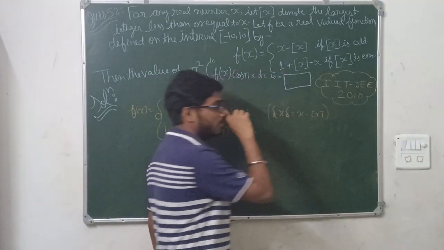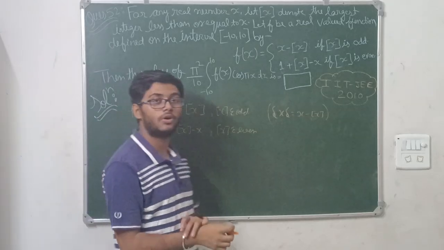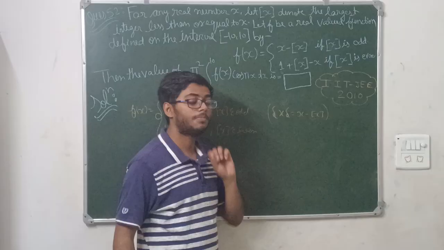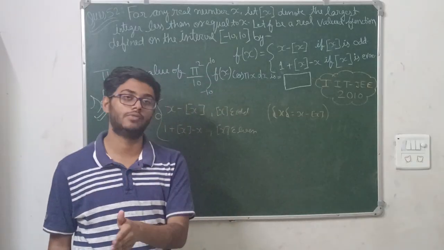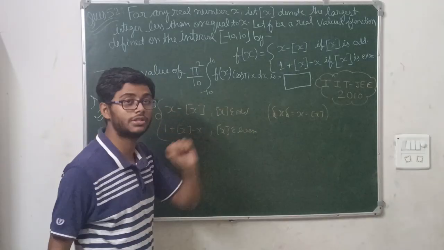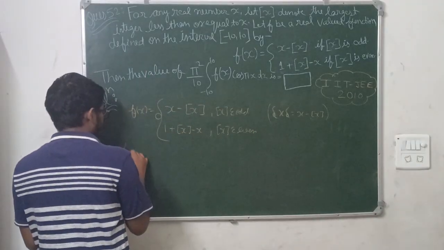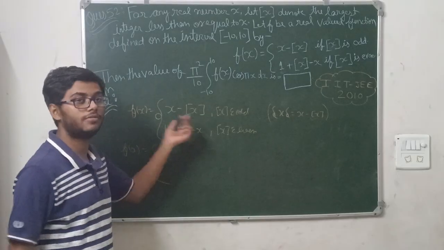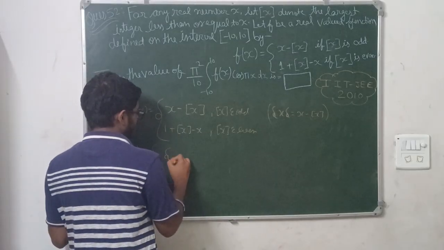Box of x, or greatest integer of x, is discontinuous at integers, and the fractional part only goes from 0 up to 1. You can convert this function into the fractional part, and you can do this by a graphical approach. See, x minus greatest integer of x is nothing but the fractional part of x.